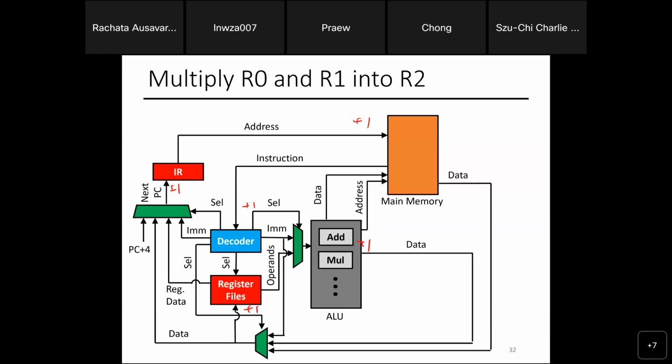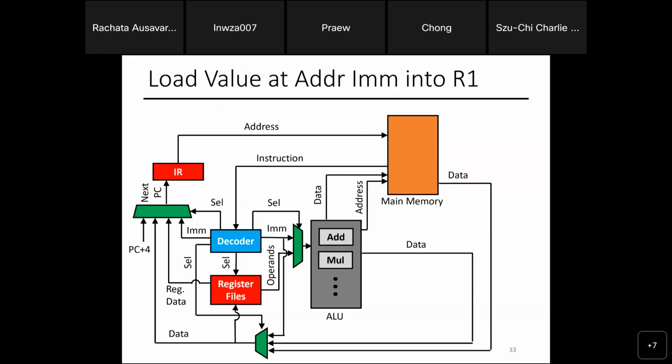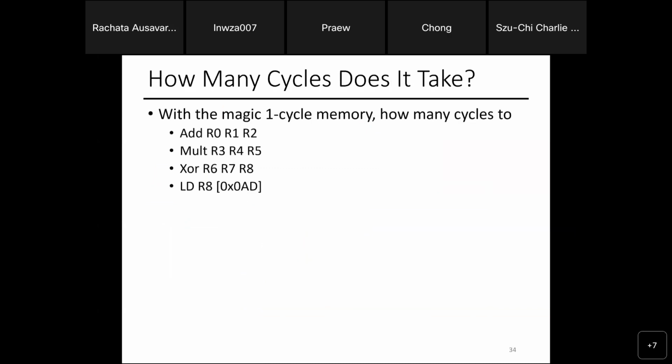Again, 4 cycles. Right? So you can see that if we have first of all the magic memory and magic adder, magic multiplier, everything takes the same amount of time. In this case, everything is 4 cycles, right? Is the world behaving this way? No. All right.